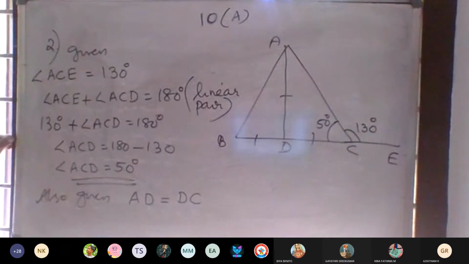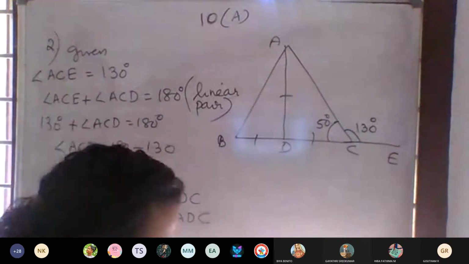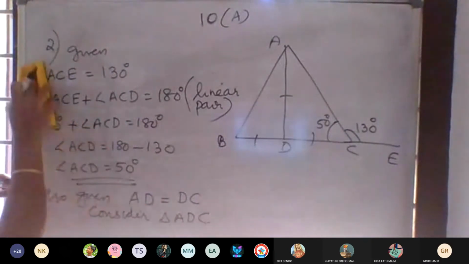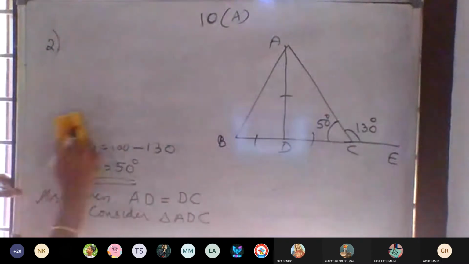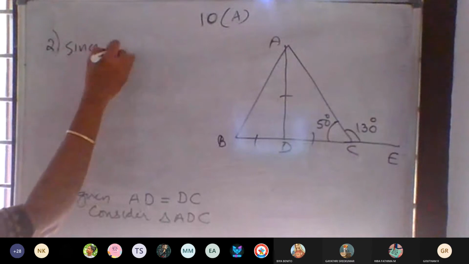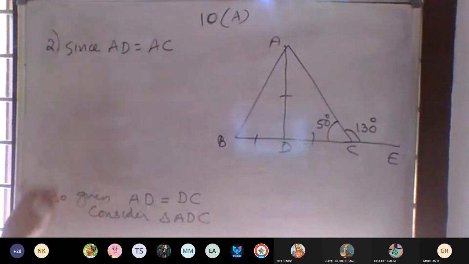Okay, consider triangle ADC. Also given AD is equal to DC.